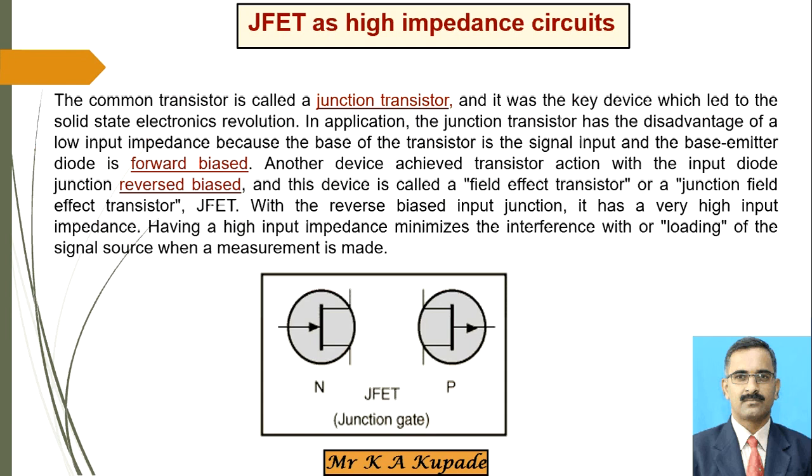Due to that forward bias condition, the input terminal has low impedance. That is an important disadvantage of the bipolar junction transistor. So if you want high input impedance, what is the solution?